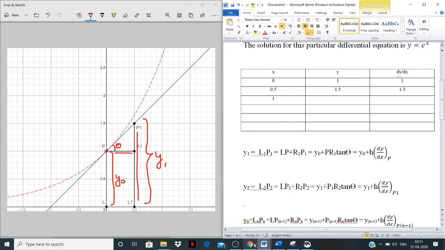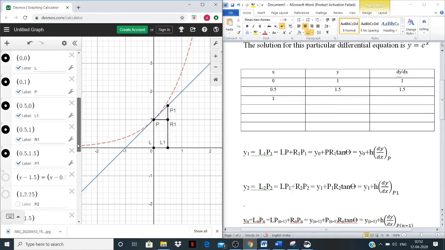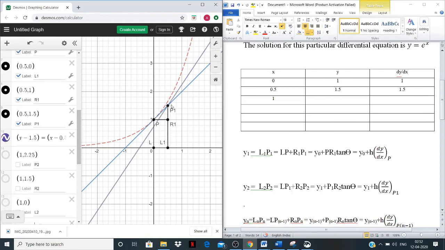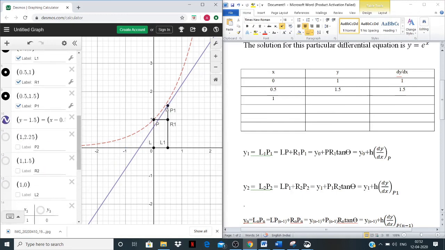Now again we will go to our graph. Over here we will draw the line y minus 1.5 is equal to x minus 0.5 into 1.5, using these values. Let me erase the first line for better clarity. Now this is the tangent line at point P1. I will find the value of y on this tangent line when x is equal to 1.